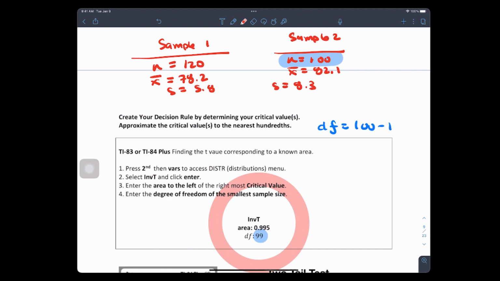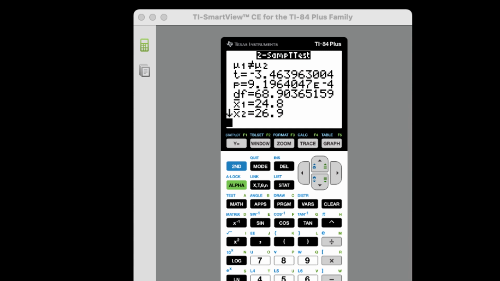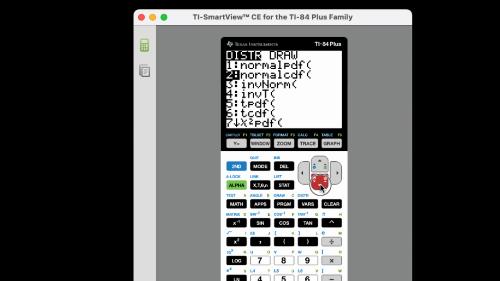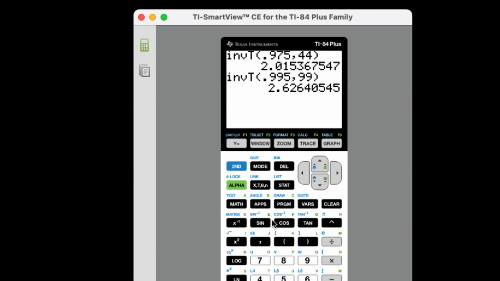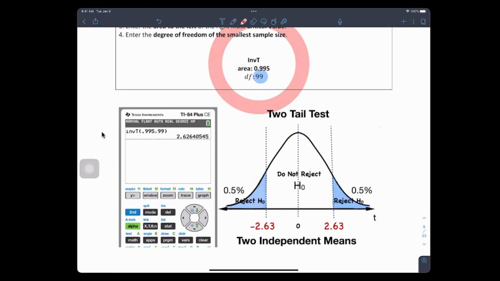So now, in your calculator, you say, I need inverse T. And that's why we put 0.995. Degree of freedom is 99. And what do you guys get? 2.6 what? Is that 2.63? Okay, so look at my notes.